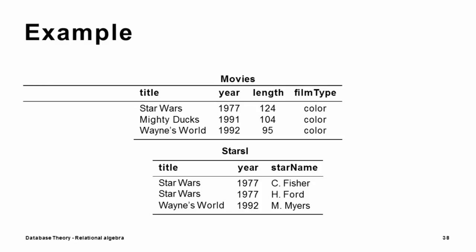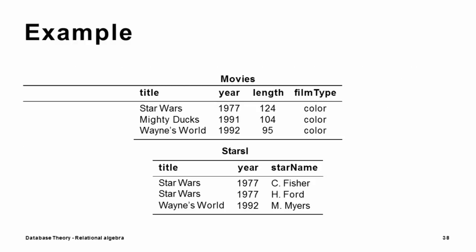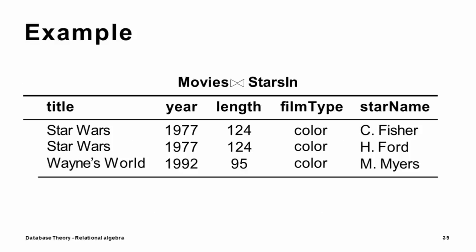So that's another example. Having those matched using that natural join would give you that answer. You just have to look at the titles and the years that they are matching, because those two were the common ones.